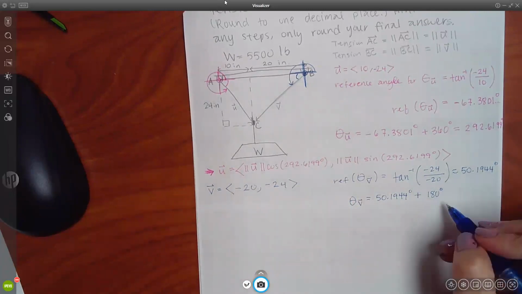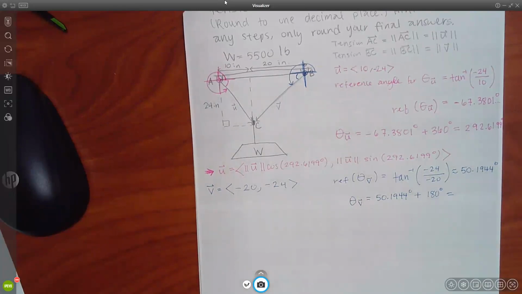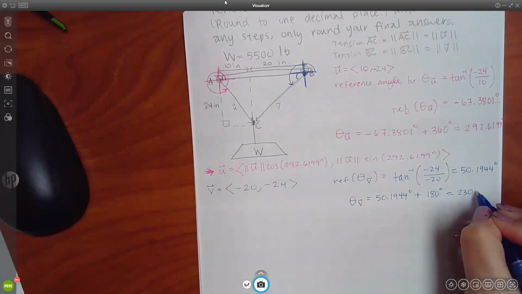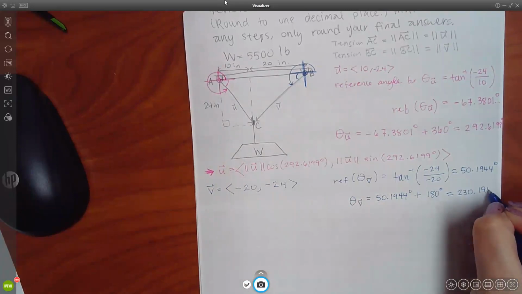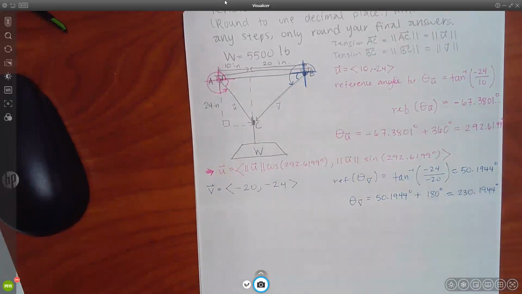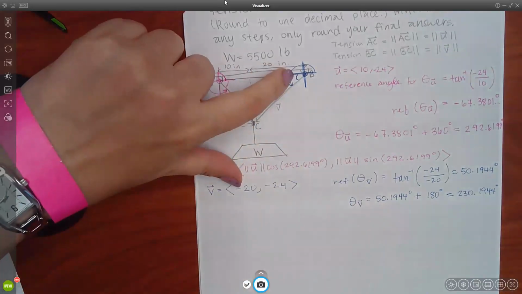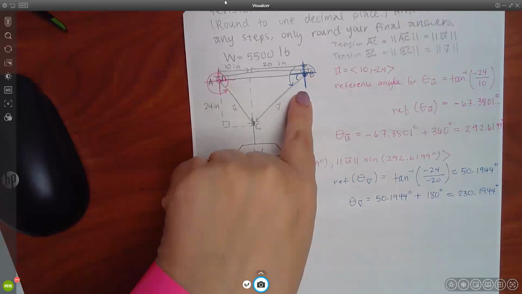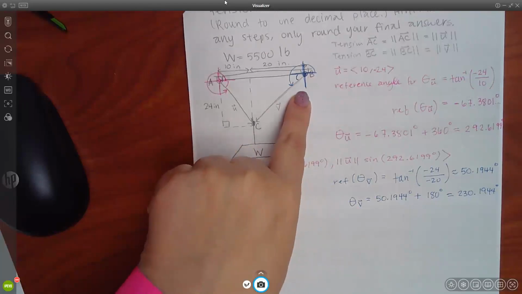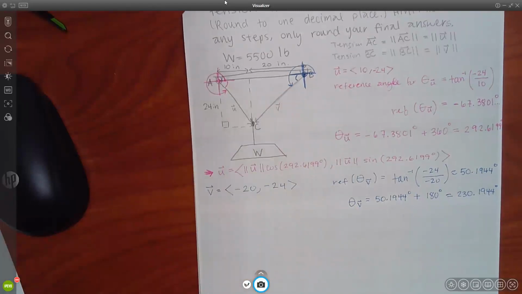Okay. What do I get? I get plus 180. I get 230.1944 degrees. And that makes sense for where it's at, right? Because I'm more than 180, but I'm not quite at 270 yet. Okay, so it does put me right here in this quadrant.